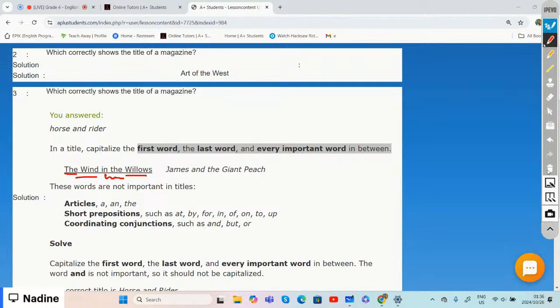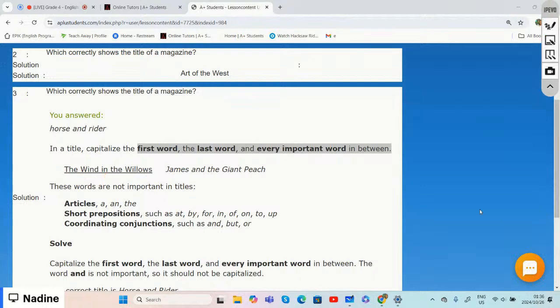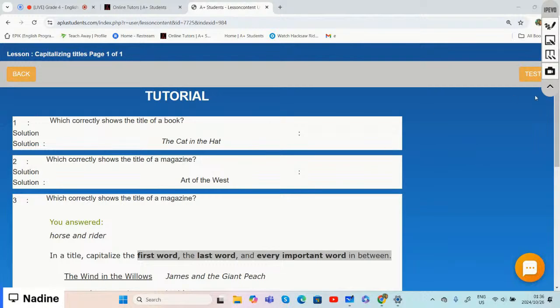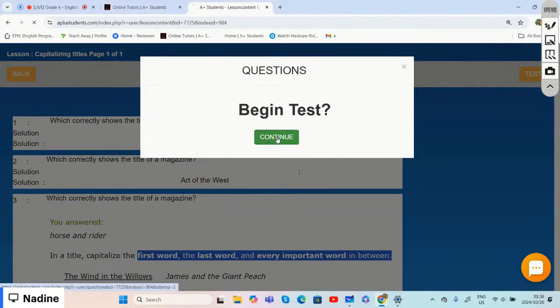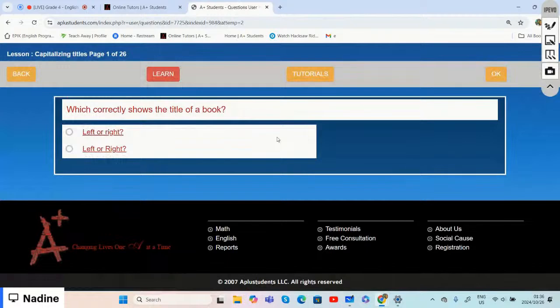All right. So now we're going to our test where we are going to capitalize titles. We now need to say which correctly shows the title of a book. Look at the first word that needs to be capitalized, the last word that needs to be capitalized.